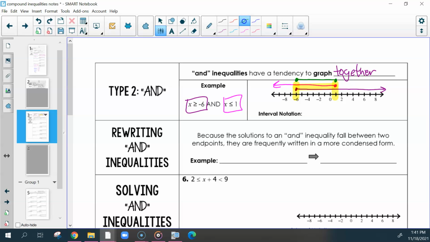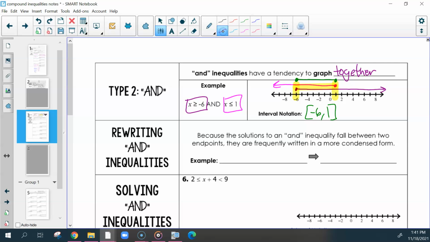So the interval notation for this would be from -6, it's a closed circle, so that would be a square bracket, to 1. This would not go to positive and negative infinity, even though that's what it says. And then in this reasoning, it says because the solutions to an and inequality fall between two endpoints, they are frequently written in a more condensed form.